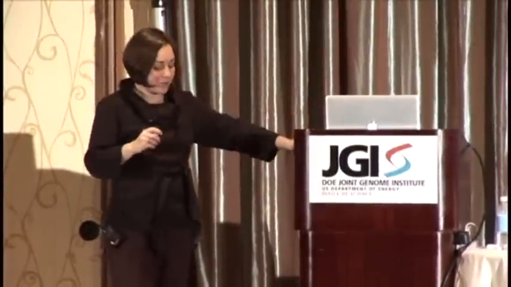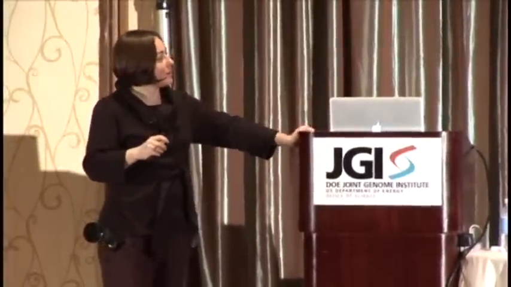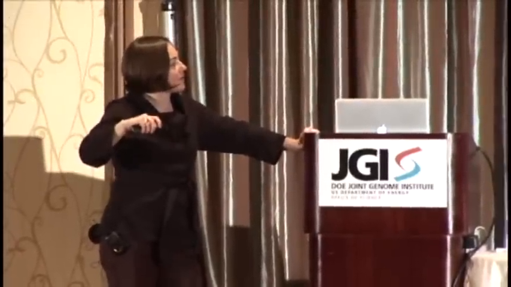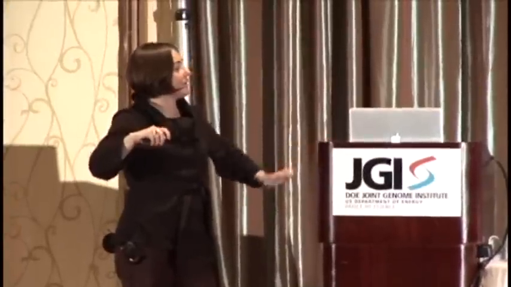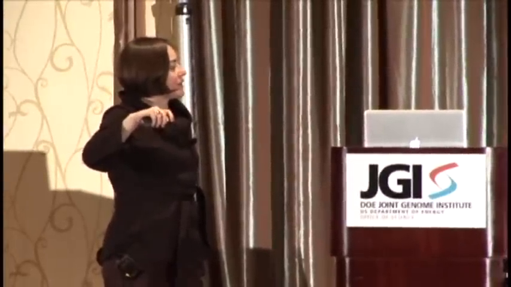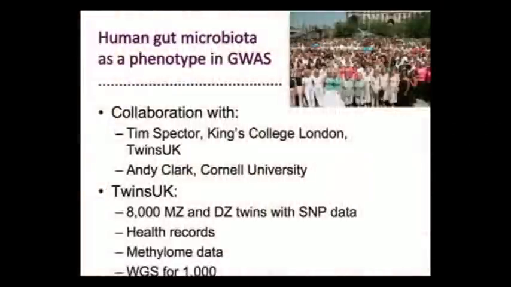But what we're doing is using twins again, but genotyped twins. So we're collaborating with Tim Spector at King's College London, who runs a twin registry, and Andy Clark at Cornell University. The twin registry has 8,000 twins, and they've all been genotyped.